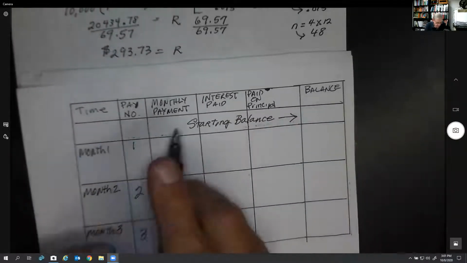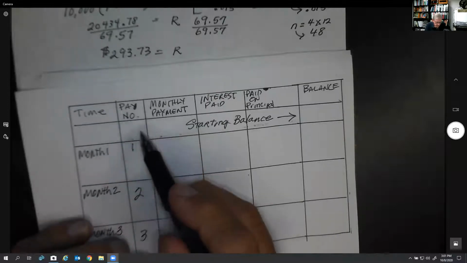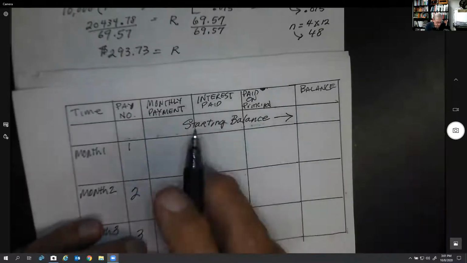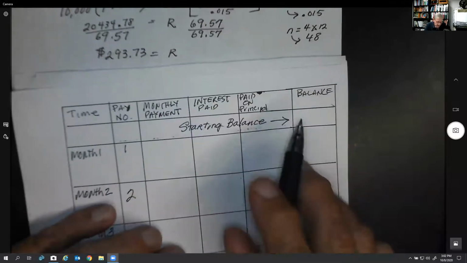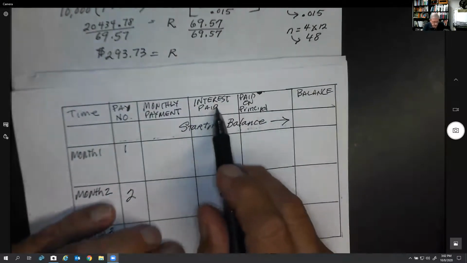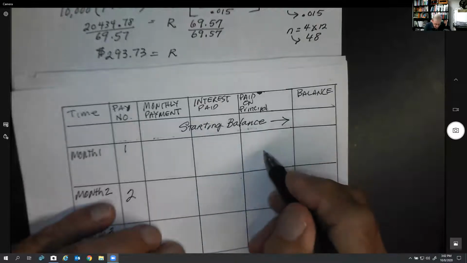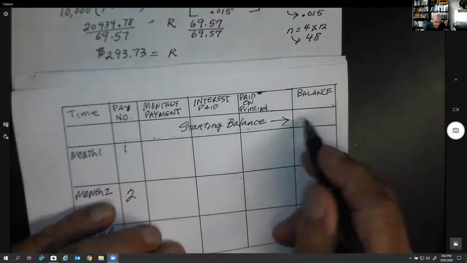It's going to be the time, the payment number 1, 2, 3, 4, 5, 6. How much we're making for our monthly payment, which is going to be this amount right here each month. And then how much is the interest that we're going to pay on this each month. And then this is the money that goes towards your principal. And this will be your principal balance.